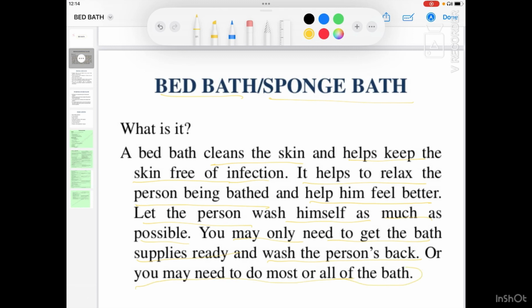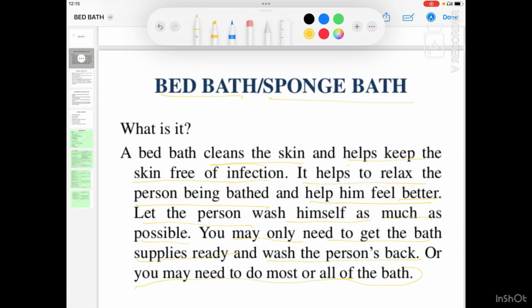Cleansing means it will clean the skin, helping keep the skin free from infection. Along with that, it helps to relax the person being bathed. Obviously, the body muscles should relax, and it helps him feel better.